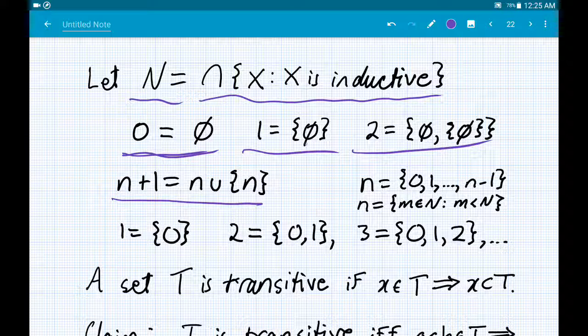So, if you think about it applied to, let's say, the number 0, right? So 0 plus 1, according to this definition, is the empty set, since that's 0, union the set of the empty set. This simplifies to just the set of the empty set, and what do you know?